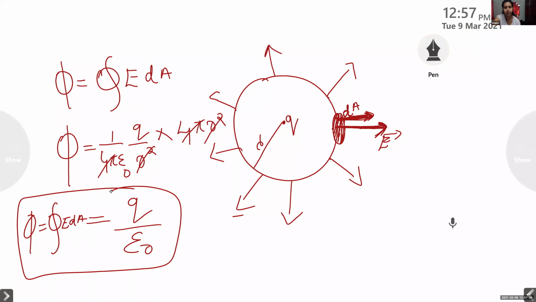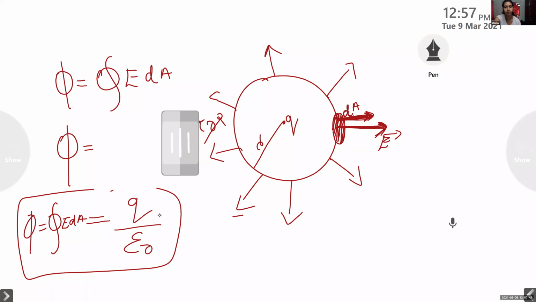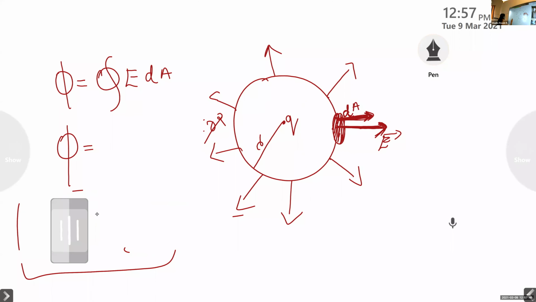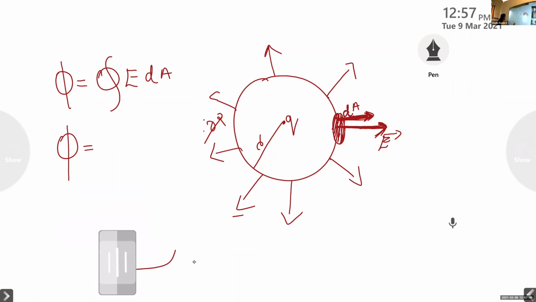Ma'am, how did we change phi equal to E into the closed integral of dA to phi equal to E into A? Yes. This E is a constant, right? The electric field. We cannot integrate it, so we take it outside. So it becomes E into the closed integral of dA.